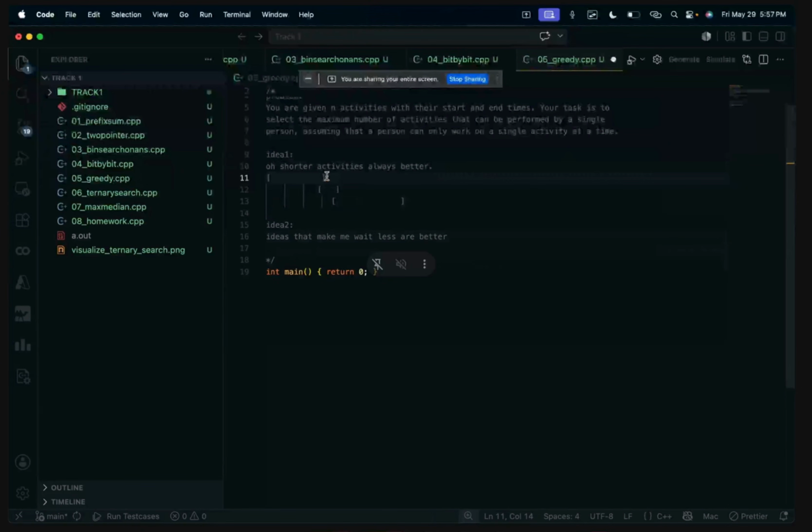After this activity ends, oh, this activity already commenced, so I can't use this. The next activity doesn't make me wait, so we will do this. So this solves the first test case, by greedily choosing the activity that begins earliest.